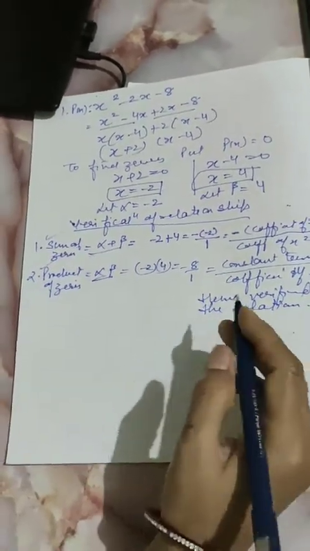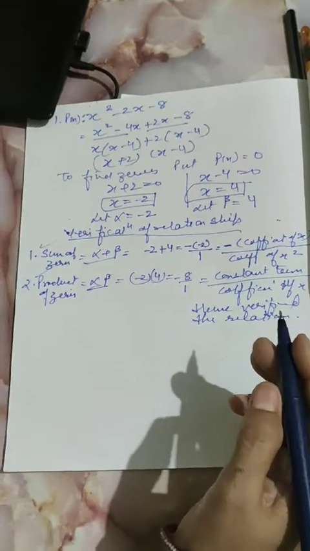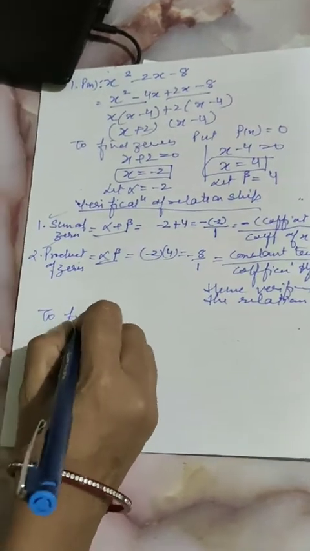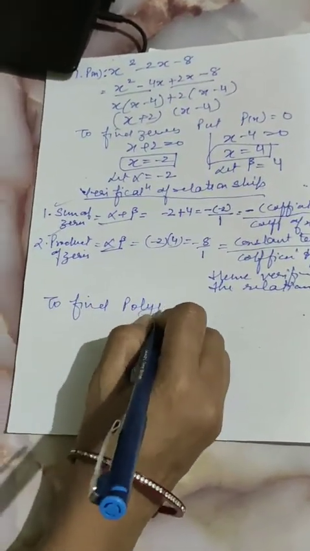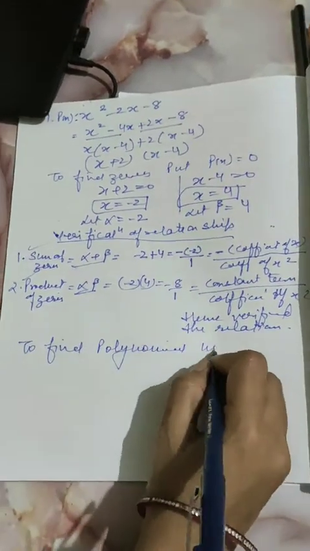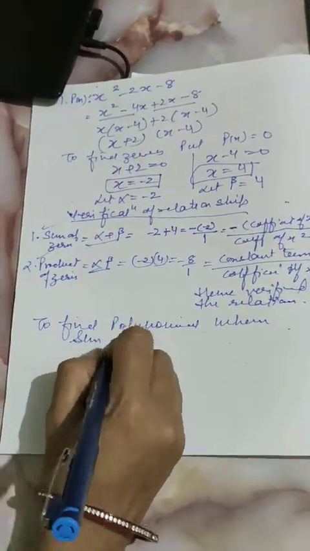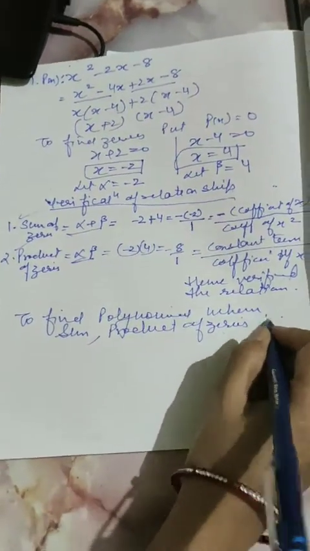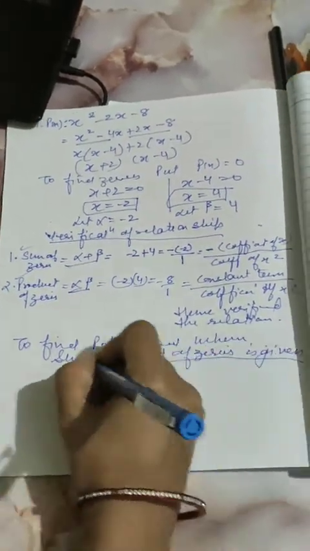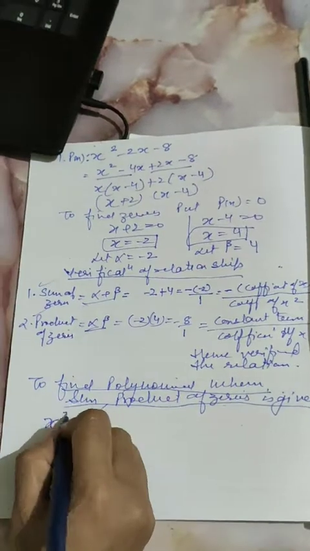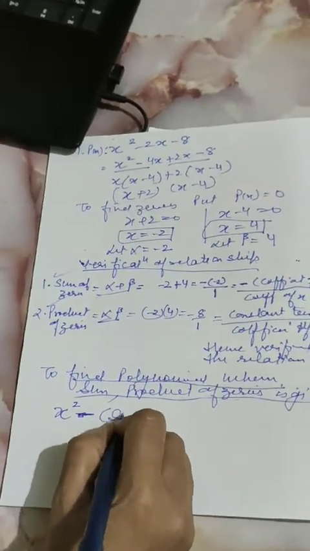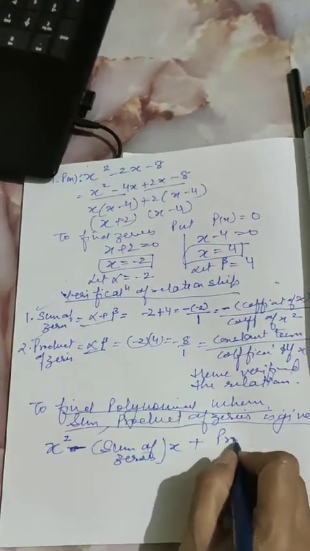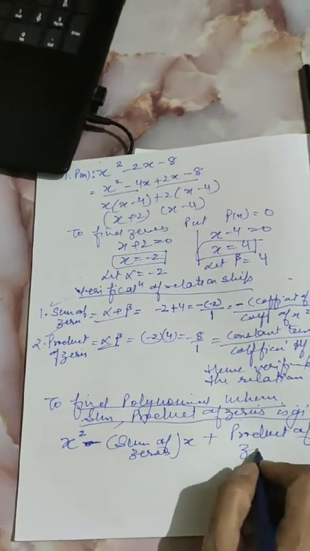Now sometimes children, we are given the sum and product and we have to find that polynomial. So to find the polynomial when the sum and product of zeros is given, we can use x square minus sum of zeros x plus product of zeros.